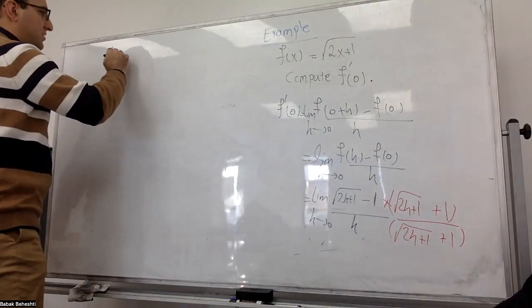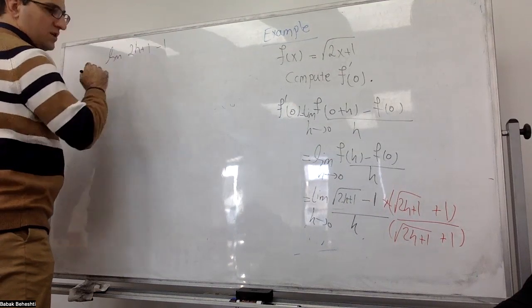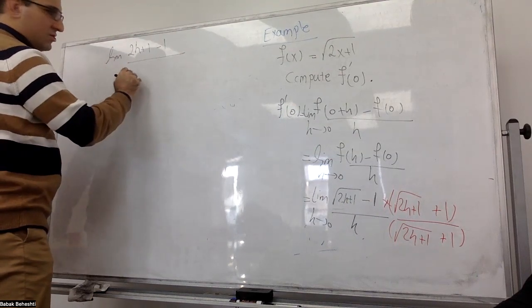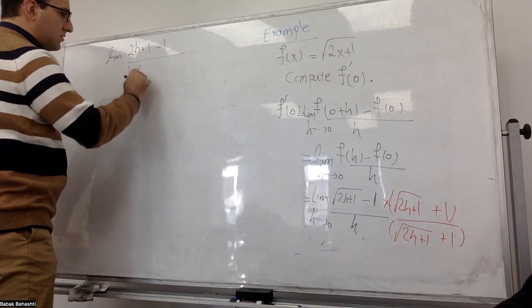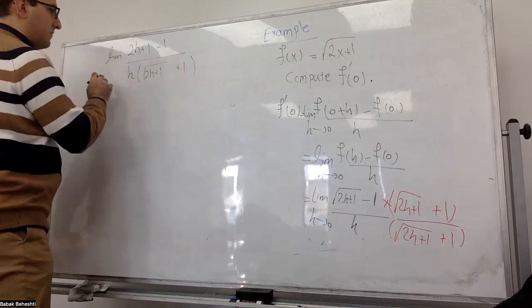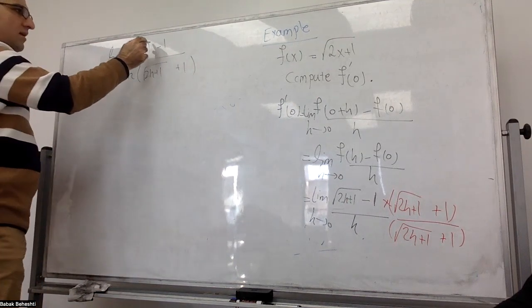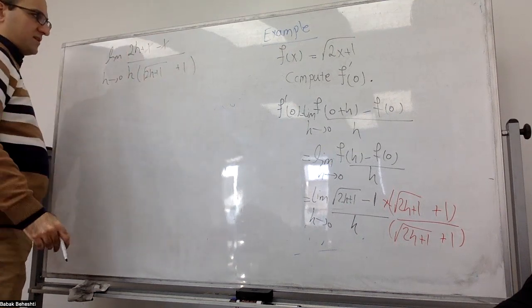So you have the limit of 2h plus 1 minus 1 divided by h times root 2h plus 1 plus 1, and h goes to 0. Here you have plus 1 minus 1, they're gone.